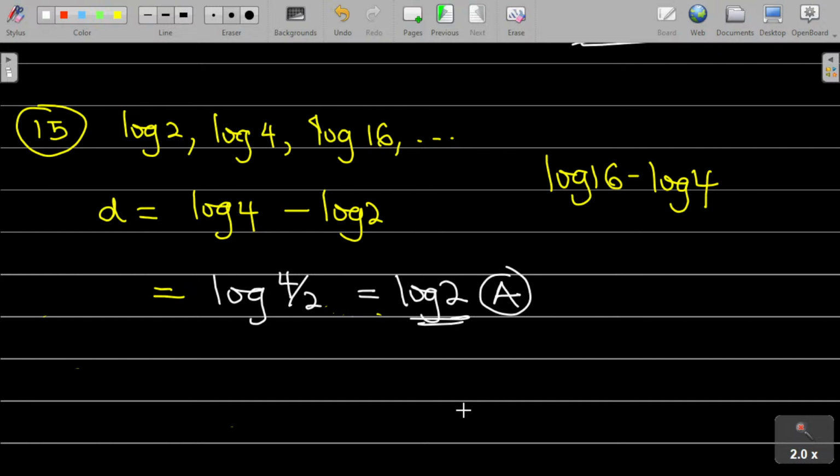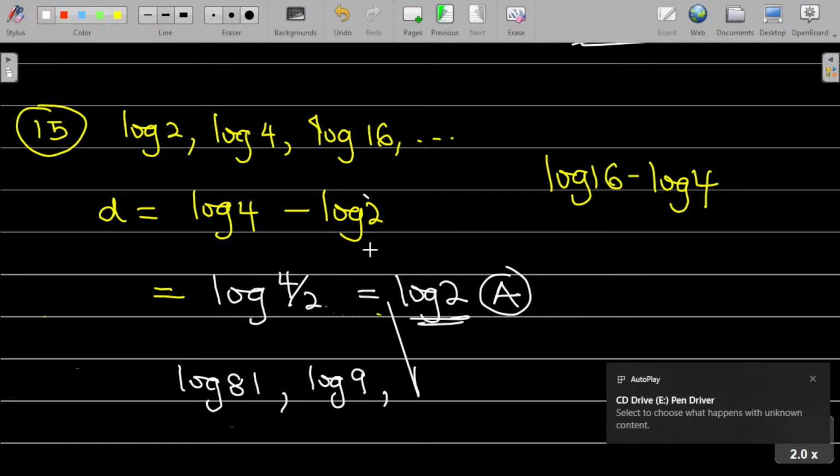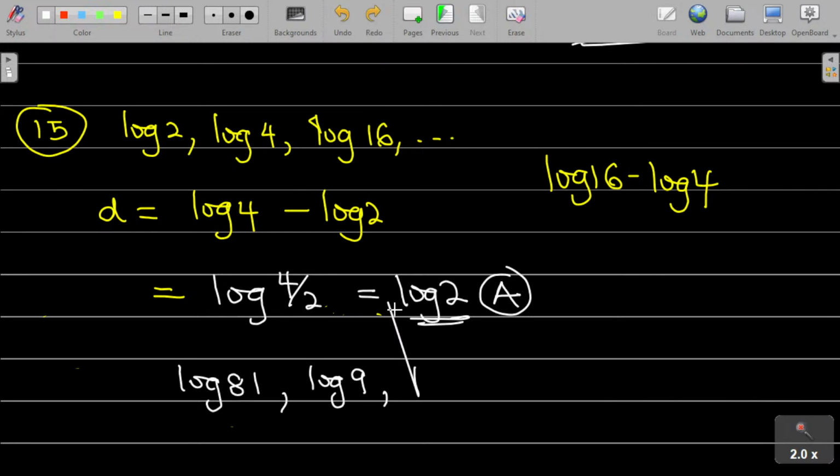And if you go to the other paper, what you have there is log 81, comma, log 9, then comma, log 3. My marker is mad, but that madness I will cure it. Okay, so here we have log 3.